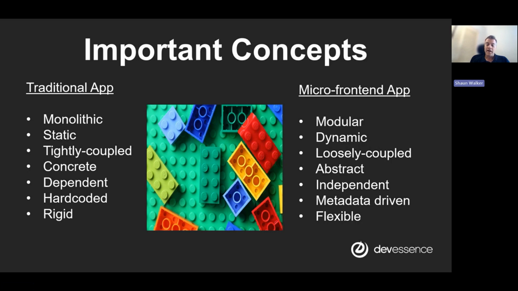The UI can be more metadata driven, meaning you would have configuration to describe how your UI is going to be laid out, as opposed to just including hard-coded references to things throughout your application. And it tends to be a lot more flexible. But these are concepts that most developers are aware of. They know what they mean, but in a lot of cases, they actually haven't had the opportunity to implement them in a practical way.